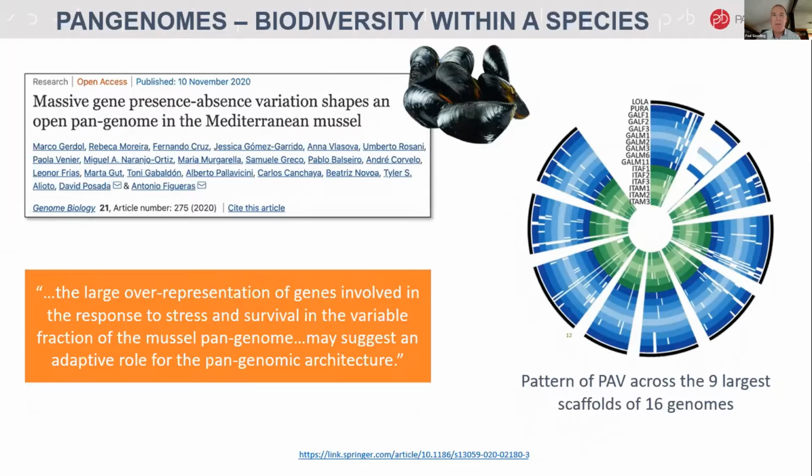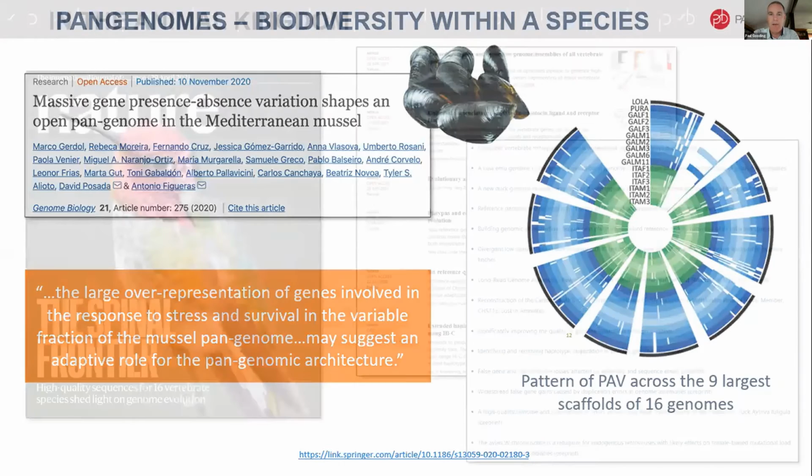But again, they looked at the pangenome of this species, I think from 16 different groups, and found massive gene presence absence variation, PAV, within the pangenome, and a lot of this was genes that were a direct response to stress and survival, and it suggests an adaptive role for this pangenome architecture in the mussel. So again, very interesting data to have.